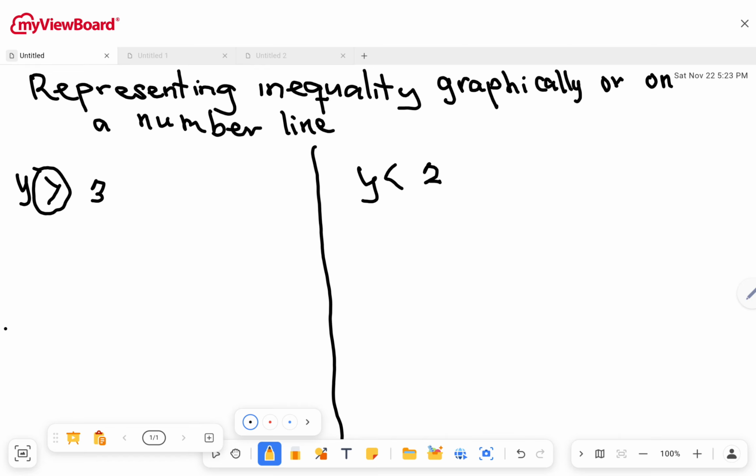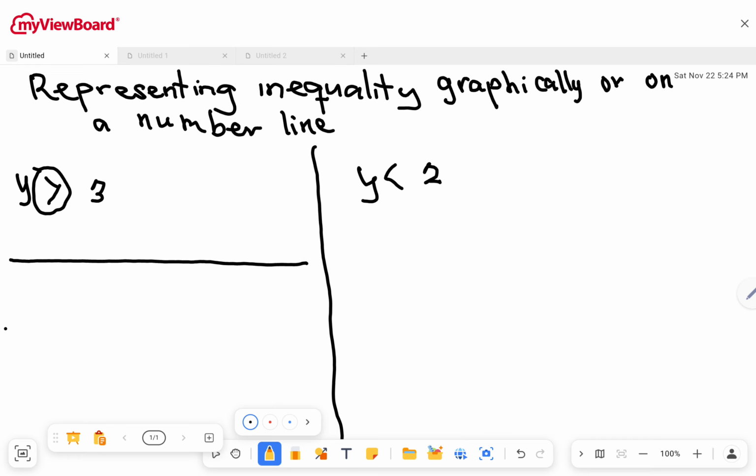So how do we represent these values or these numbers which are greater than 3 on a number line or graphically? So first, what you need to do is draw a straight line.